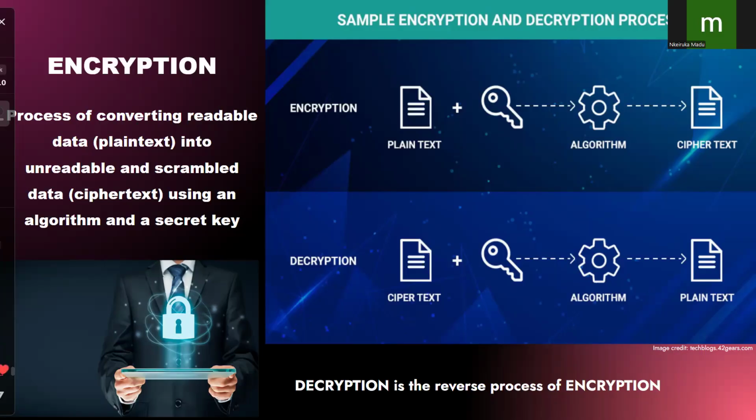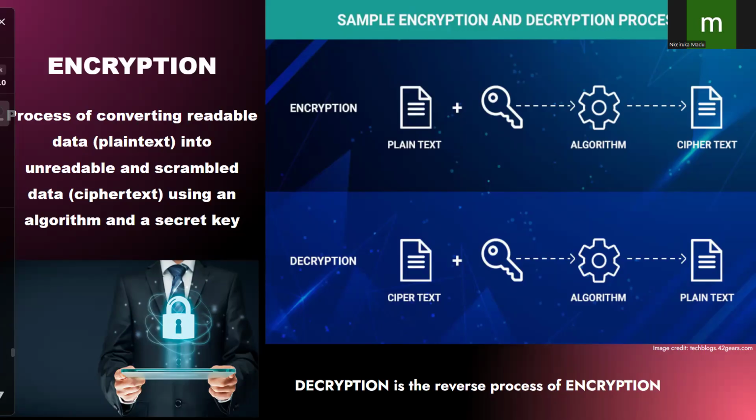So encryption converts plain text to ciphertext. Decryption reverses it from ciphertext to plain text using the same algorithm and whatever secret key was used in the original process.